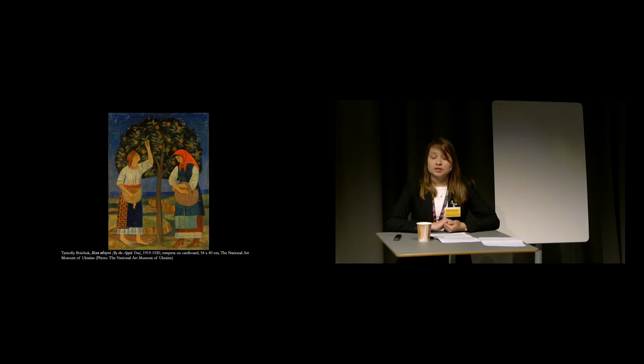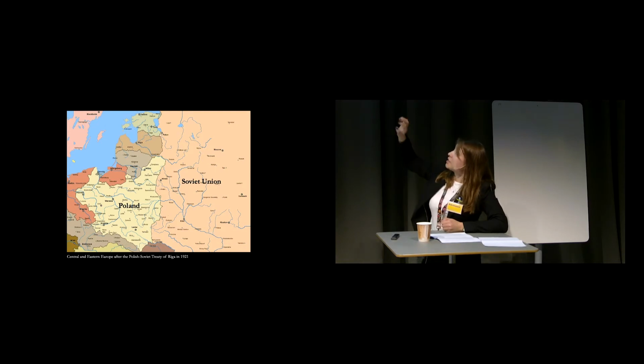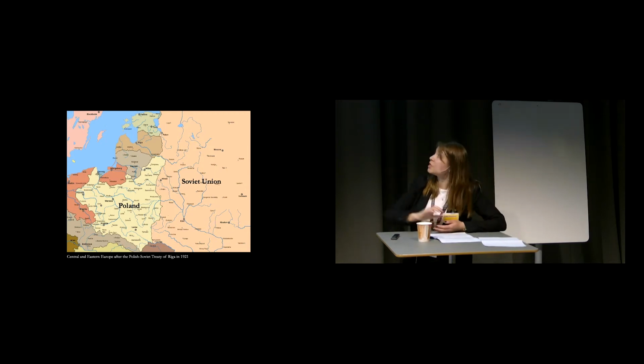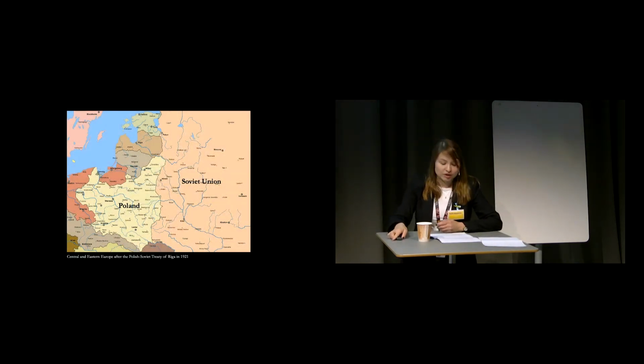Ukraine officially lost its independence in March 1921 when a new Polish-Soviet border was established. And so this is how Europe looked after that. We can see that eastern, central and southern Ukraine with Kiev and Kharkiv ended up under the Soviet Union, whereas the western part with Lviv came under Poland.